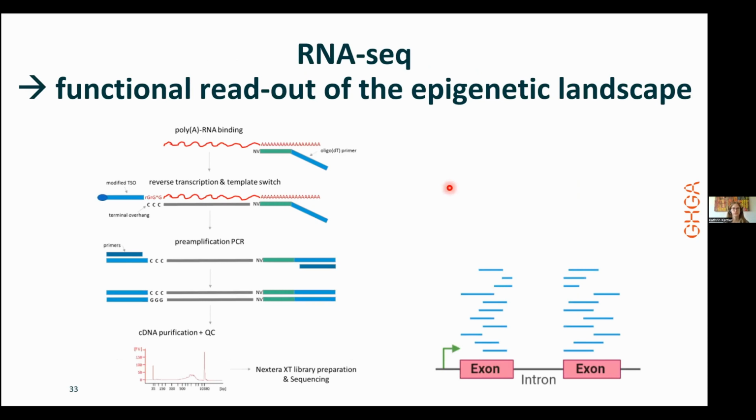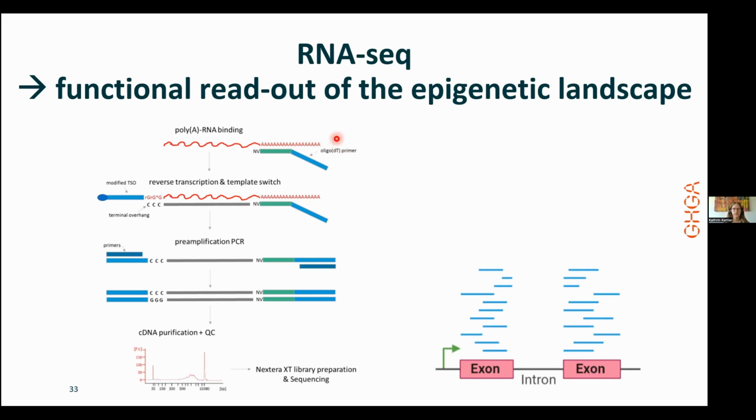Okay, so then finally, a few words on RNA sequencing. Usually when we talk about RNA sequencing, we are mostly interested in the messenger RNA, the mRNA, because we want to study which genes are expressed as proteins. Again, there are a lot of different approaches, but what they mostly have in common is that they make use of the poly-A tail of the ripe mRNAs.